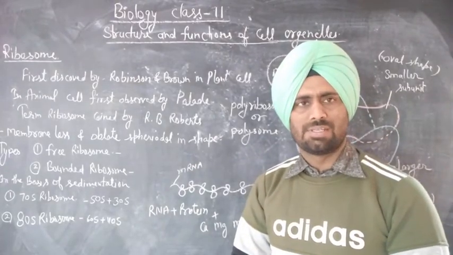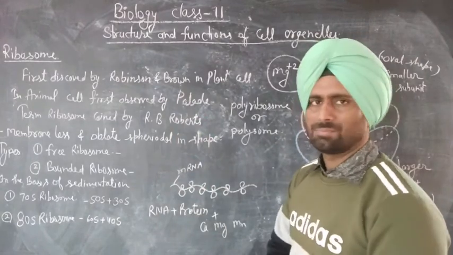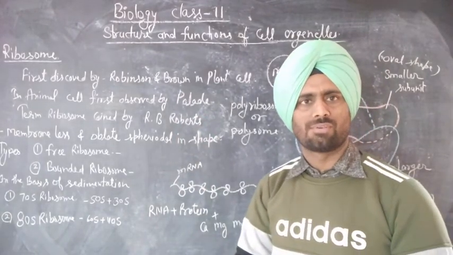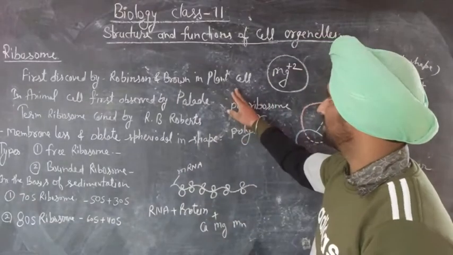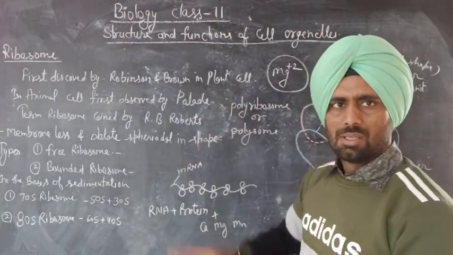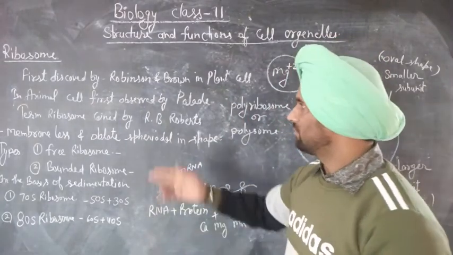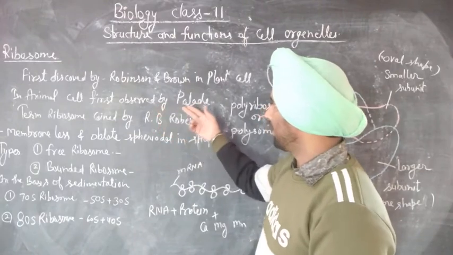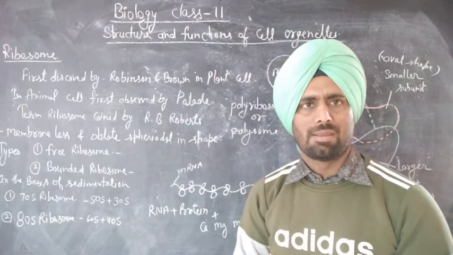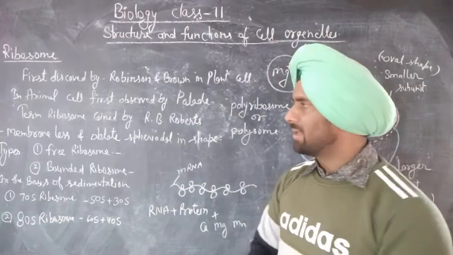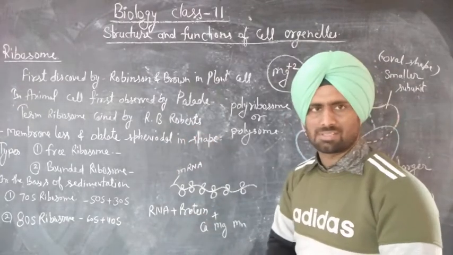Ribosome was firstly discovered by Robinson and Brown in plant cell. And in animal cell it was firstly observed by Palade, and the term ribosome was coined by R.B. Roberts.